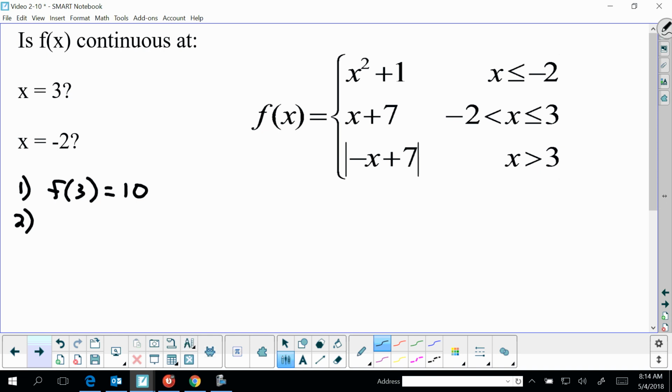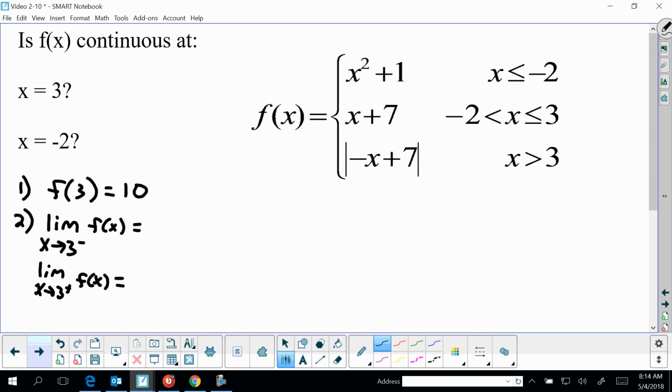So we now need to do the limit as x approaches 3. Well, because 3 is a changeover number, we have to look at it from both sides to find the overall limit. So the limit as x approaches 3 from the left of f of x, and the limit as x approaches 3 from the right of f of x. Well, numbers to the left of 3 would be in our middle interval there, like 2.9, 2.99.